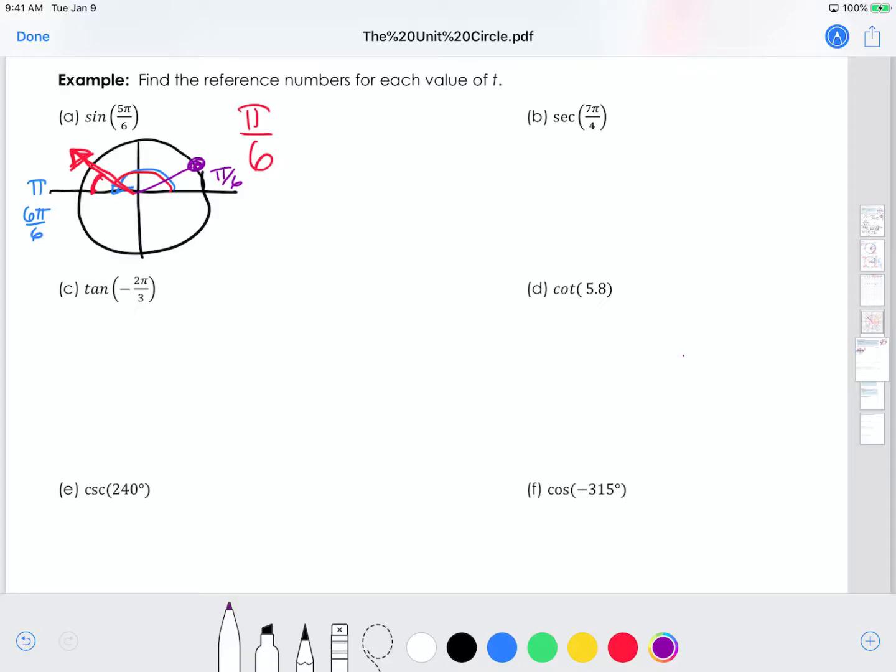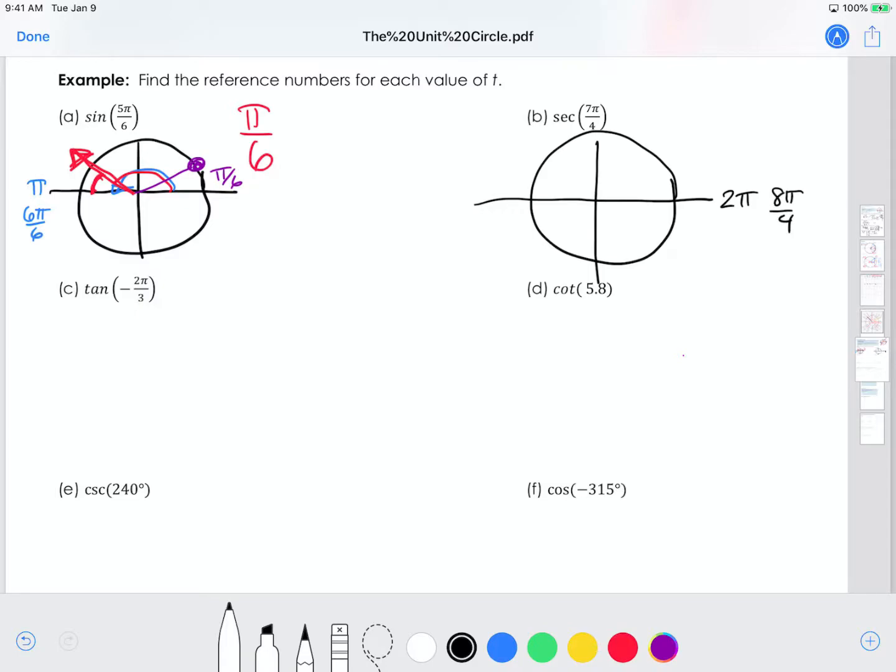Okay, for part B, seven pi over 4 is one fourth pi, or pi over 4, short of 2 pi. Here's 2 pi. 2 pi would be 8 pi over 4.